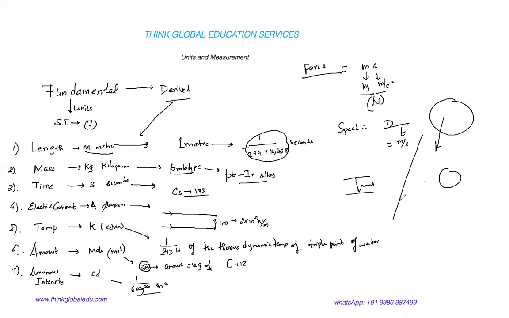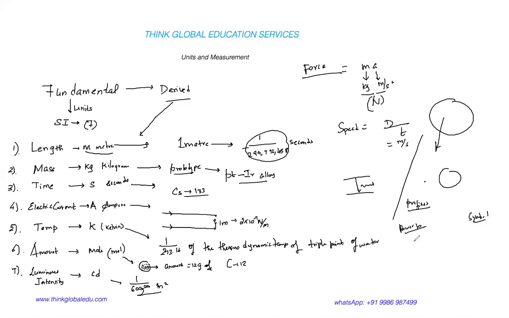For example, the prefixes which will occur in most of the calculations in physics: how to call the power of 10, and how to recognize the symbol of the power of 10.